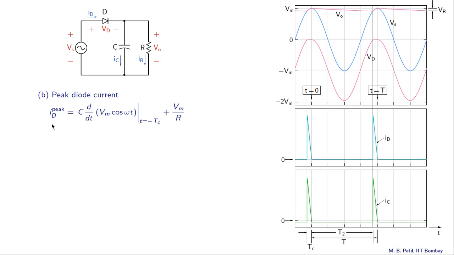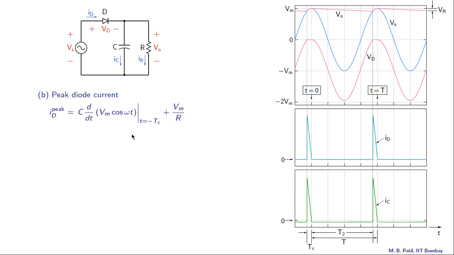So that is the equation for the peak diode current: C dVs/dt evaluated at t equal to minus Tc, plus the resistor current IR, which is approximately constant, Vm by R. Vs is Vm cos omega t, and that is because we have taken our time equal to 0 at this point here.